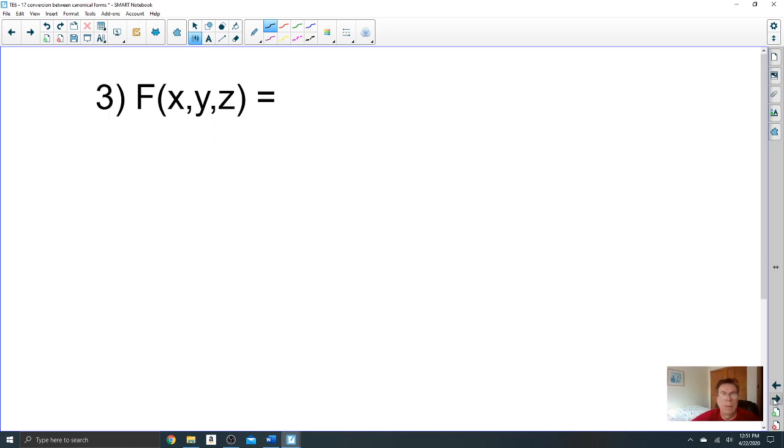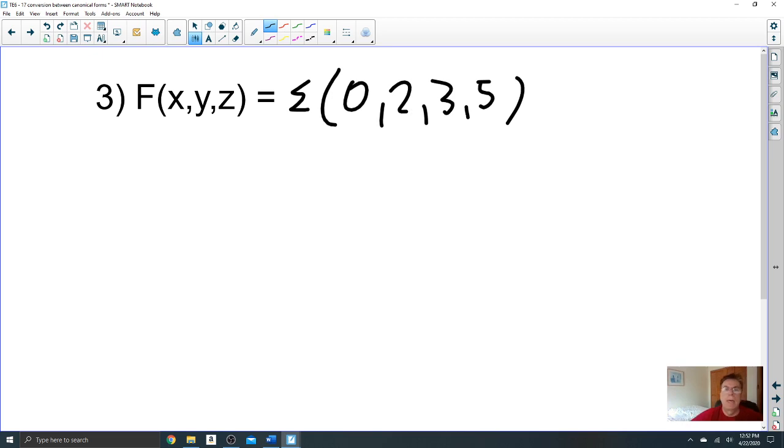Now let's look at the following. If you have the sum of minterms 0, 2, 3, 5, and you're asked to find the maxterms, then using the complementary relationship between minterms and maxterms of the same function, you would write the following.